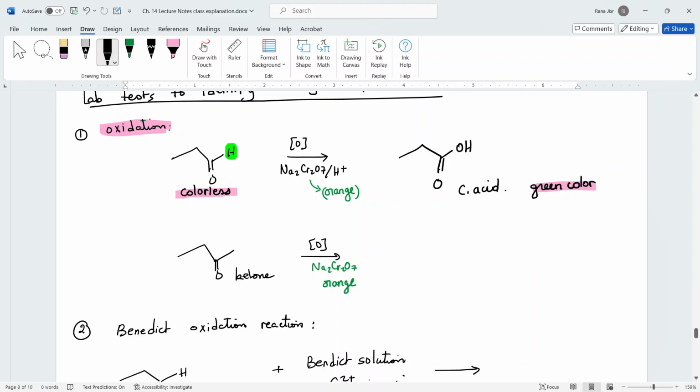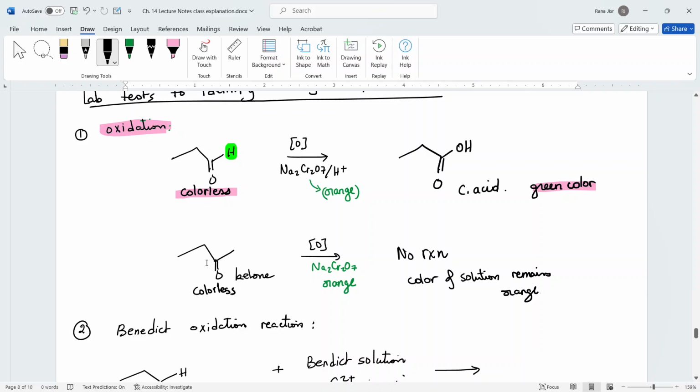So there will be no reaction in there because the color of the solution remains orange. Okay, I'm starting with a colorless ketone, mixing it with orange. So the solution here is orange. And if I keep mixing, it doesn't change. It stays orange, so I know that there is no reaction with oxidation.